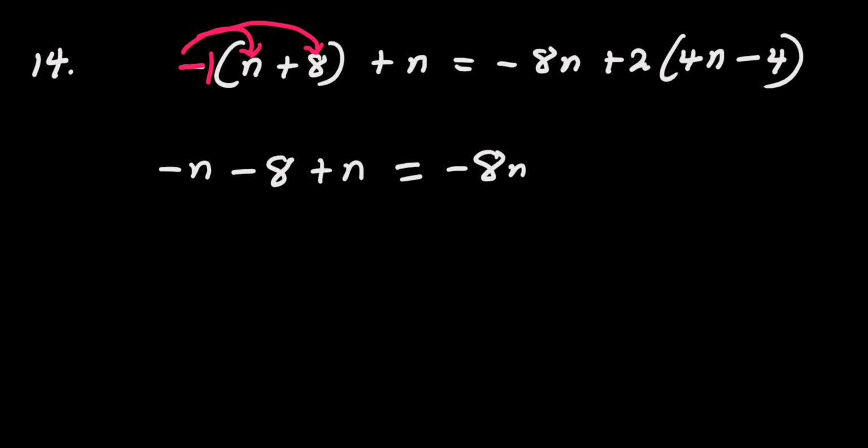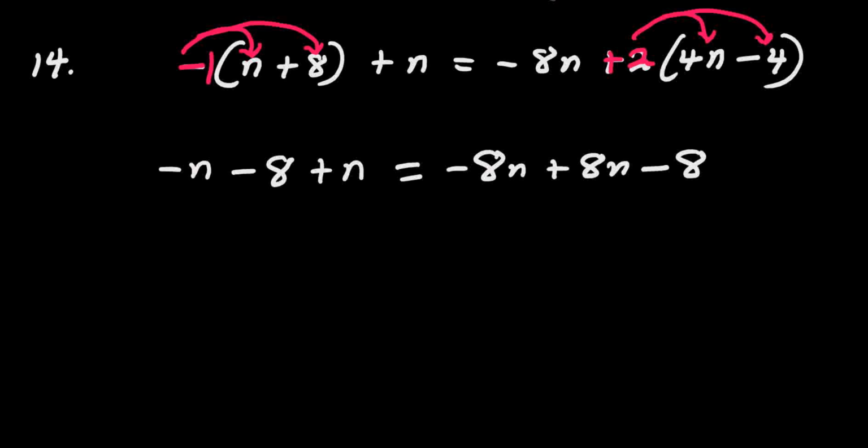So we also have positive 2 before the parenthesis, so simply distribute that. This will give us 2 times 4n, which is 8n, and 2 times negative 4, negative 8.